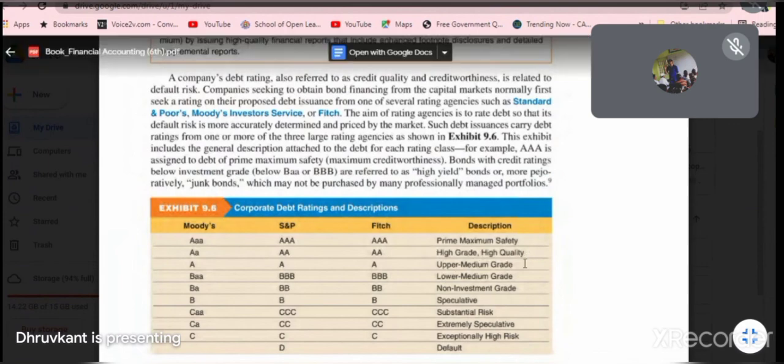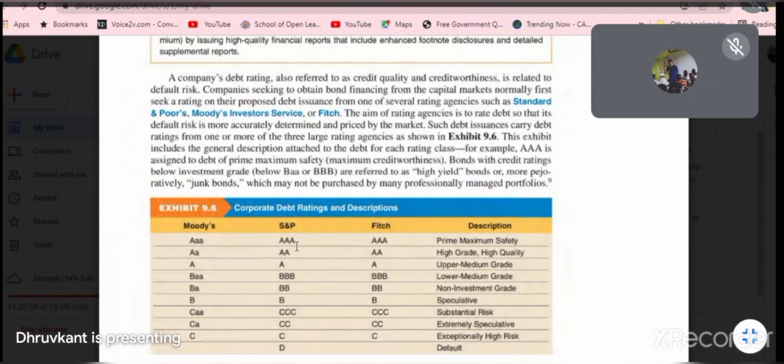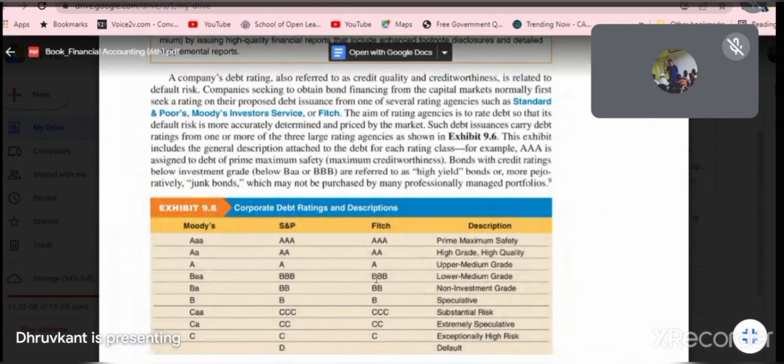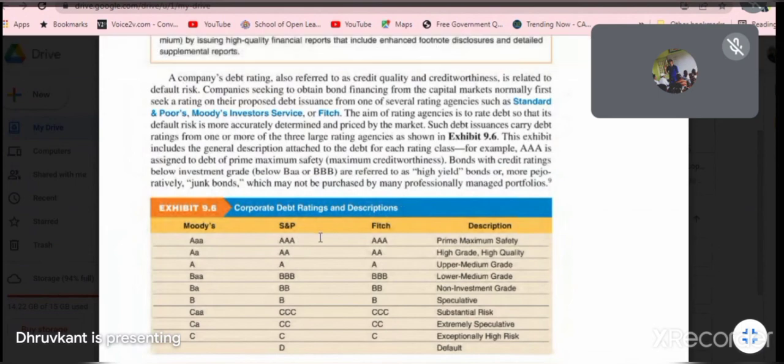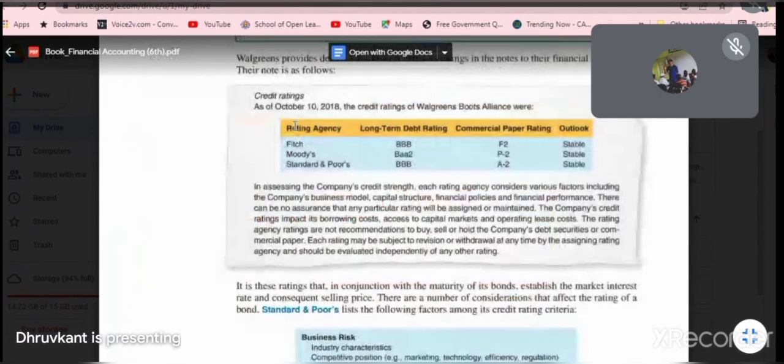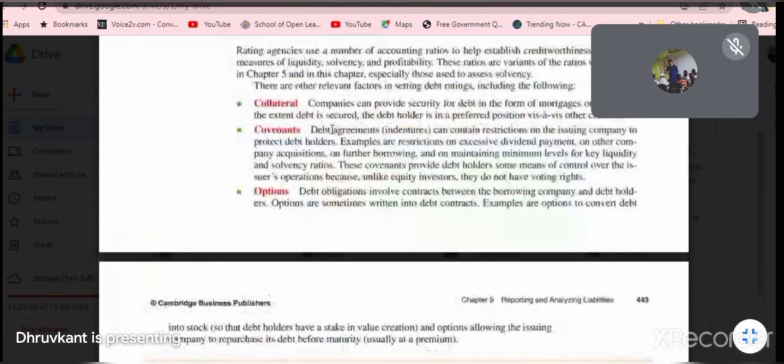A means upper medium grade, and then the lower the grade, the higher the risk. Clear? As an investor, before taking any consultancy, we must read the company's debt rating. This is the concept of debt rating, and we have also discussed the cost of debt. Clear?